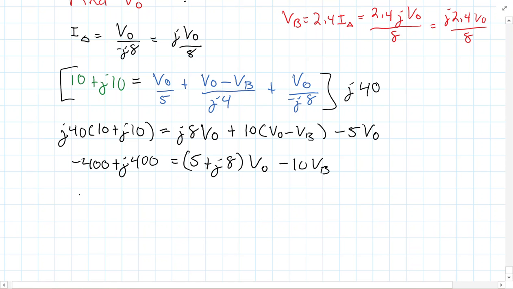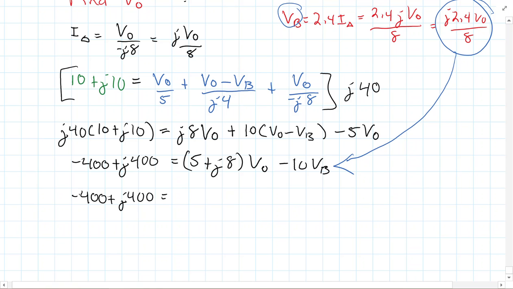Alright, so now let's take this equation for VB and substitute it in. The reason I waited to substitute it in until now is because, again, I cleaned up my equation first. So then we got minus 400 plus j400 is equal to 5 plus j8 V out minus 10 over 8 times j 2.4 V out.